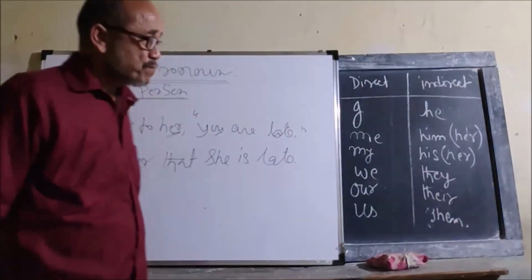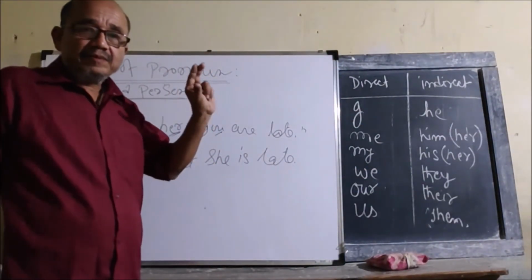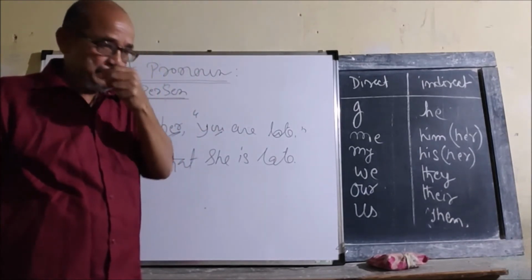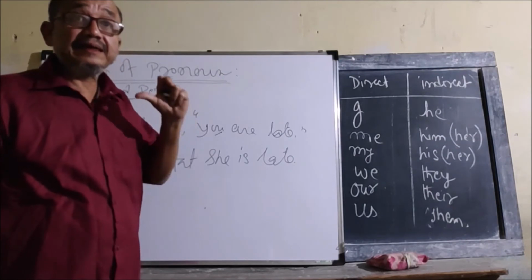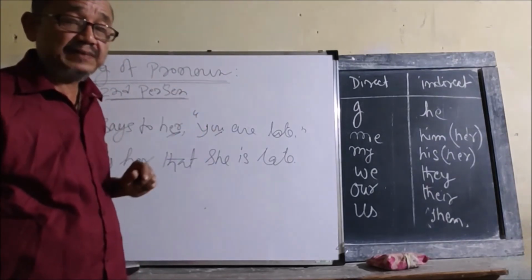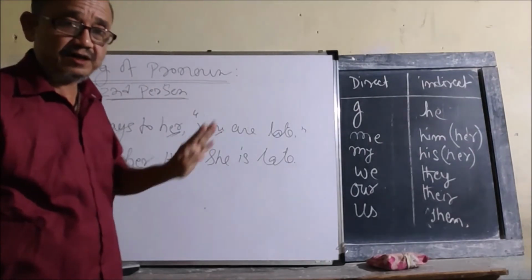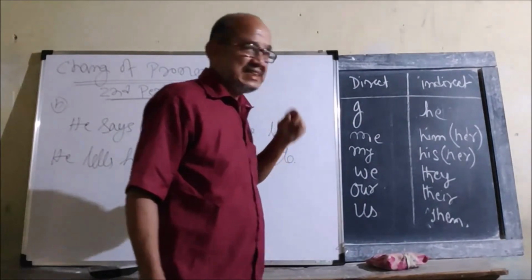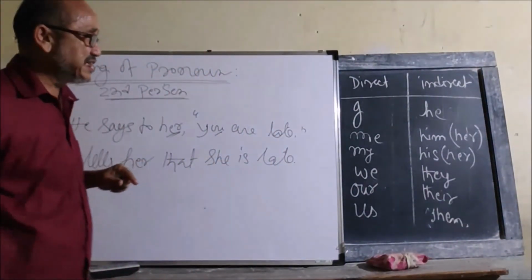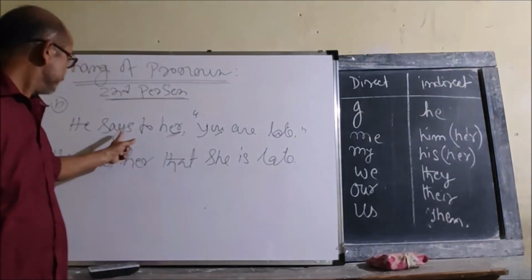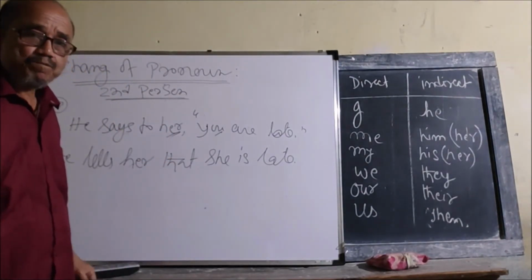It means, if the third person is in the reporting speech, it always indicates the subject of the reporting verb. And if there is the second person in the reporting speech, it always indicates the object of the reporting verb.